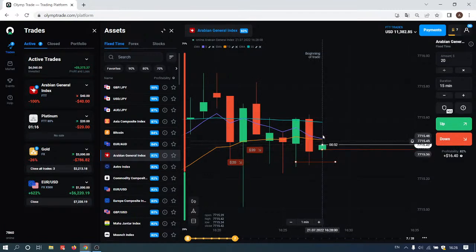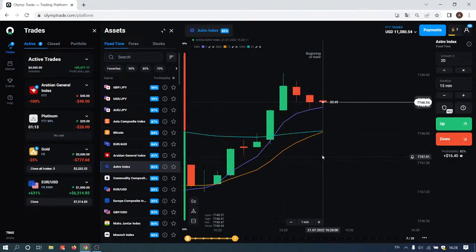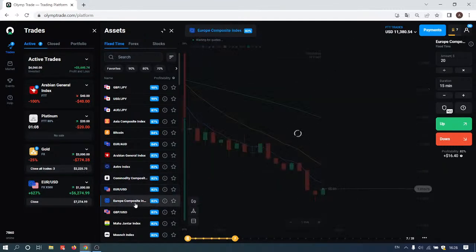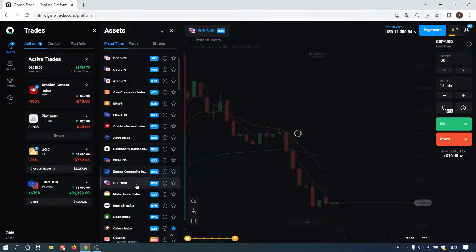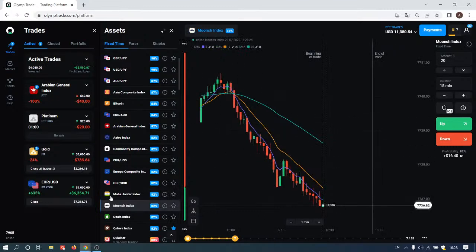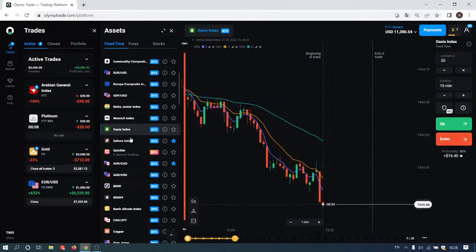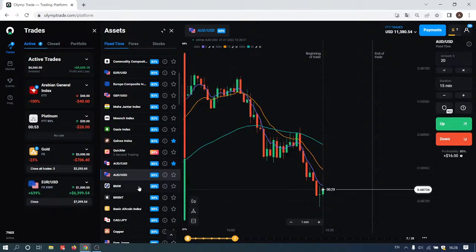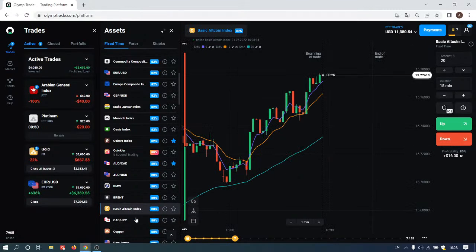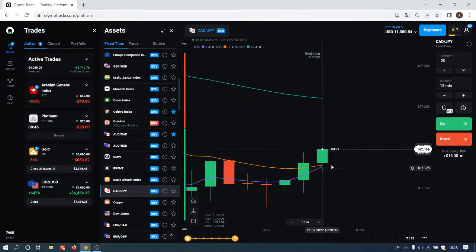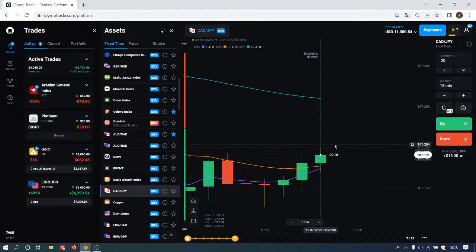We can open another trade. We have a new crossing, so let's go ahead and open. So yeah, the Canadian dollar against the Japanese yen. This might be a nice, interesting trading signal here.